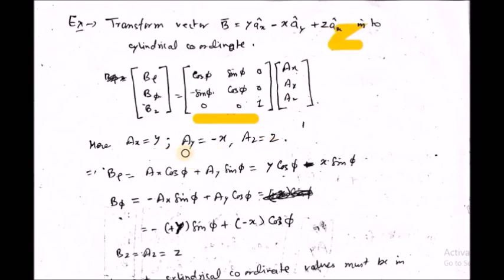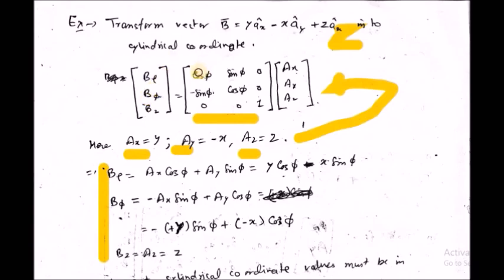Okay, so Ax, Ay, Az is like this, and I substitute these values of Ax, Ay and Az into the matrix and solve it, then I will get this.